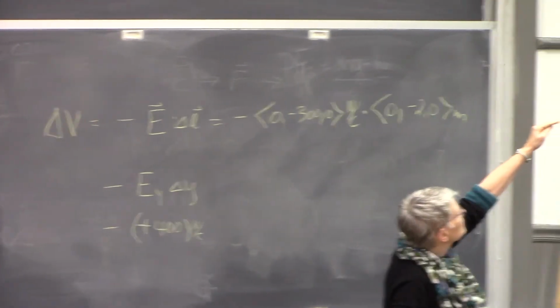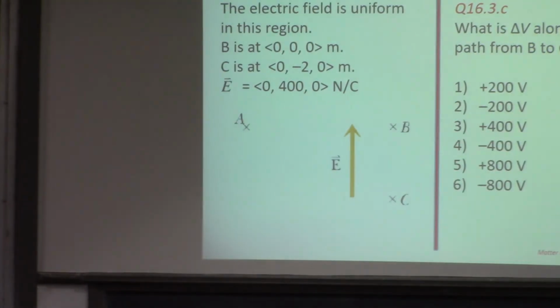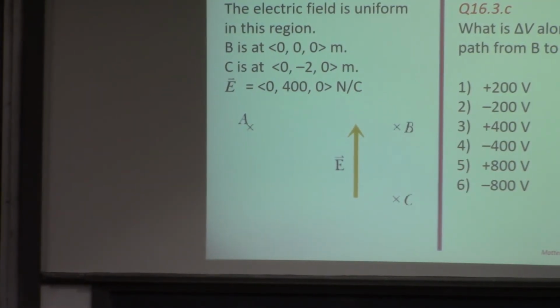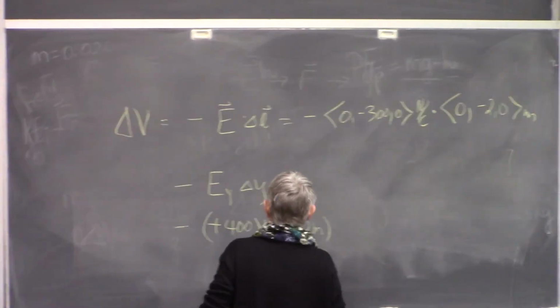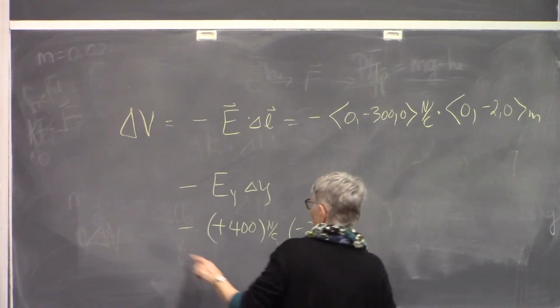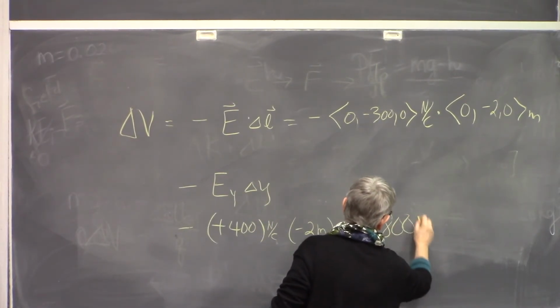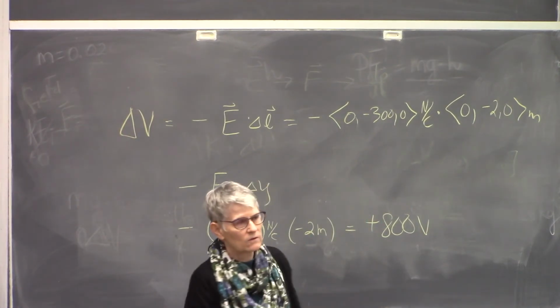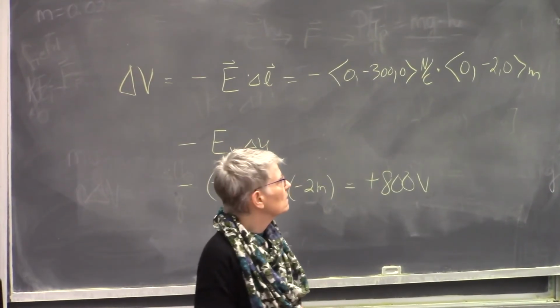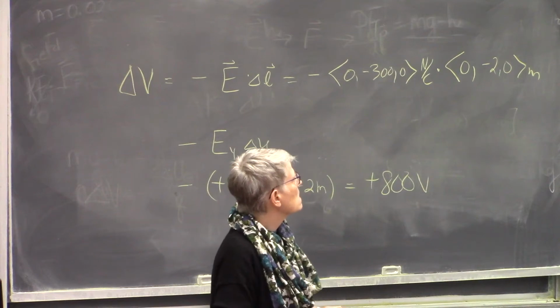Now y starts at 0 and goes to minus 2, so delta y is going to be a minus 2 meters. And that gives us, we have two negative signs, so that gives us a plus 800 volts.